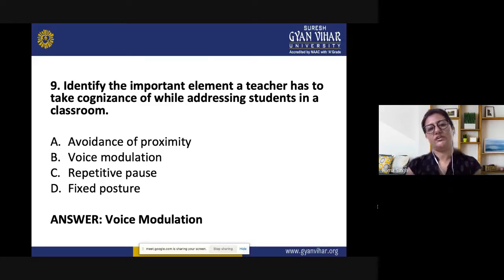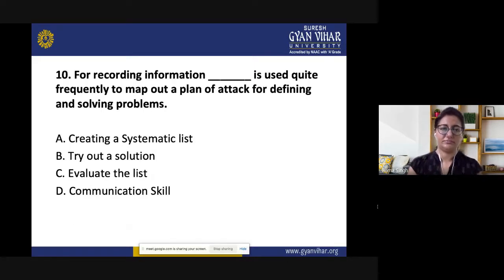If a teacher is energetic, if he tries to bring variety while teaching, what word has to be given emphasis, what sentence has to be given emphasis, how to bring attention back to the class, if the minds of the students are wandering here and there. So for that, voice modulation is a very important element.